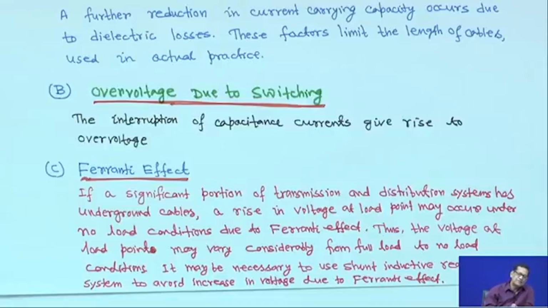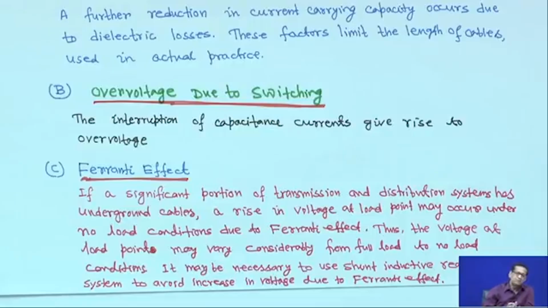I mean, in general, if the voltage rises within the permissible limit, say 1.05 per unit, then there is no question of putting shunt inductive reactors.